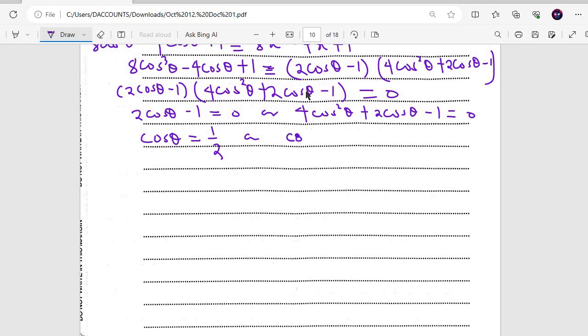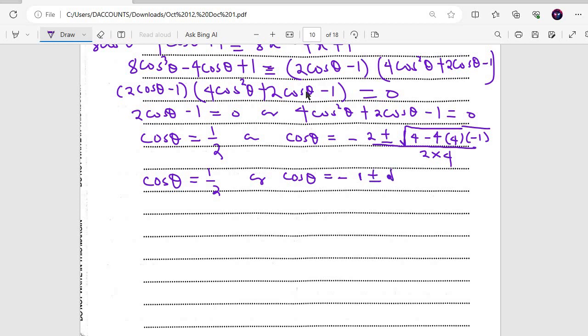It's like a quadratic. If you use the quadratic formula, we're going to have minus b plus or minus root of b squared minus 4ac, all over 2a. So we have cos theta to be half, or cos theta will give us minus 1 plus or minus root 5, if you put in a calculator, all over 4.